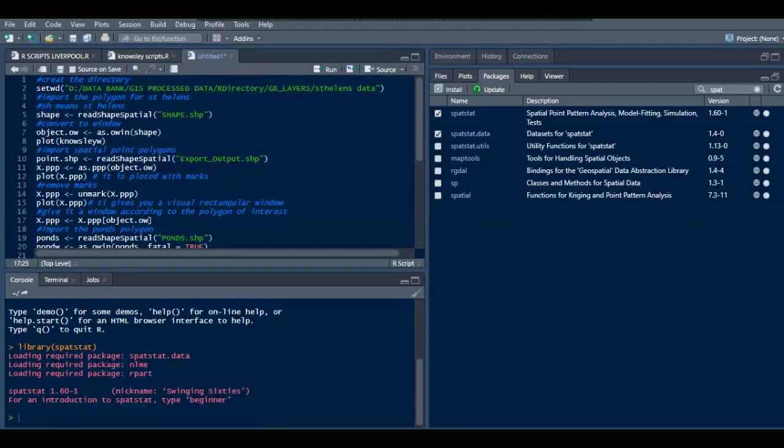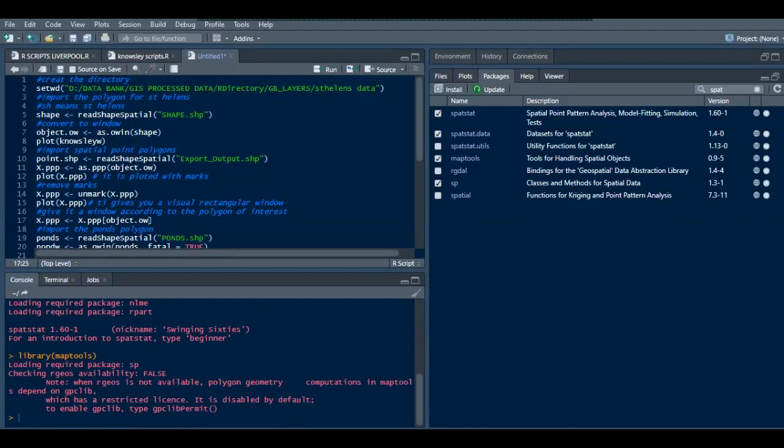Mine is installed. And then one other important package is maptools, which we will use to load the polygon shape files, which we are going to use as windows, or others may be covariates. I think those are the packages that we need for now.